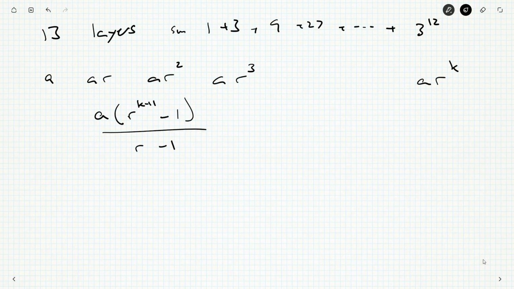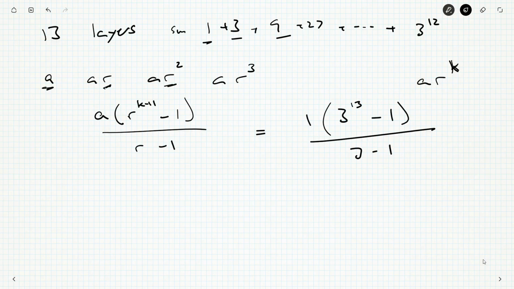That's always the sum. So what's our first term? It's 1. And what's our common ratio, the thing we multiply each term by? It's 3. So we've got multiply by 3 once, twice, so we'll go up to 12 times. So 3 to the 13 minus 1 over 3 minus 1.